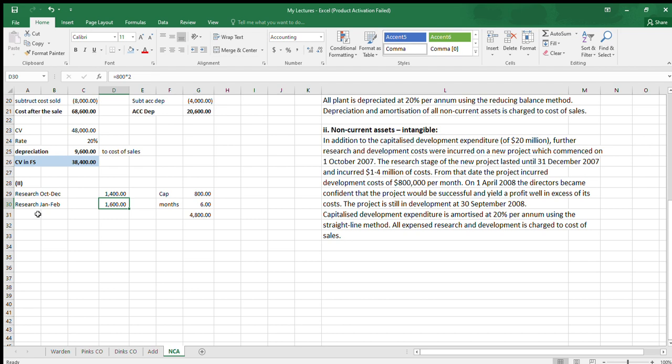How you go about it is that you multiply the rate by the 20,000 that is capitalized.